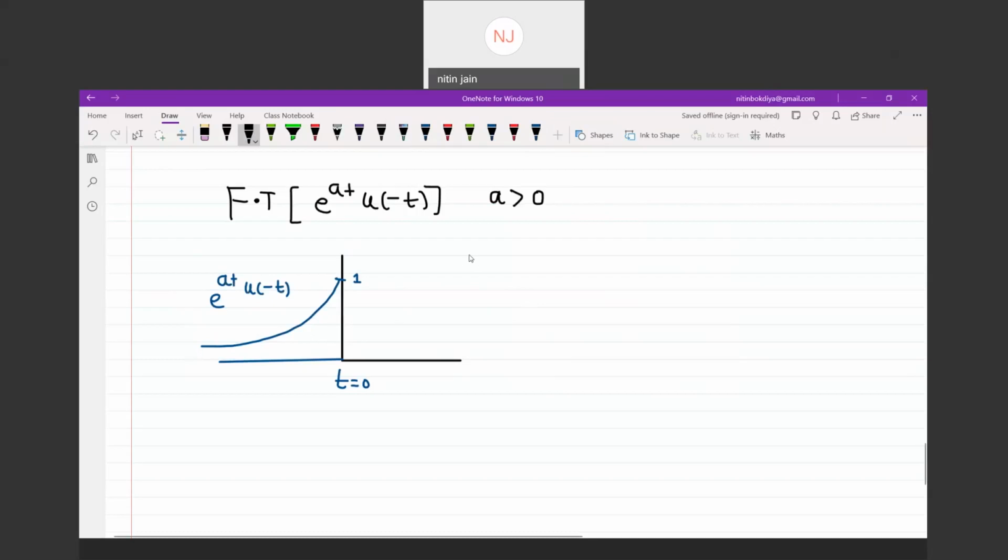So you can write X of omega for this function as the integral from minus infinity to 0 of e to the power at into e to the power minus j omega t into dt.